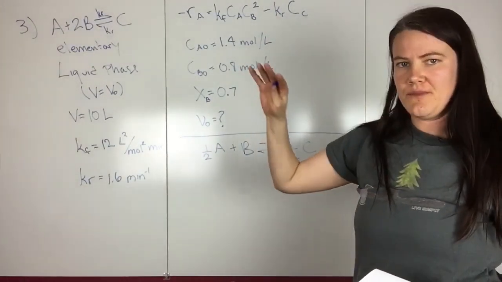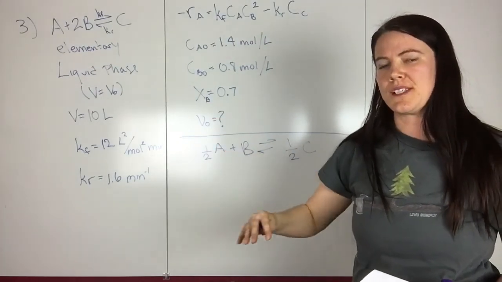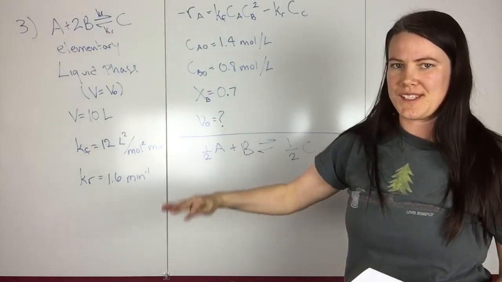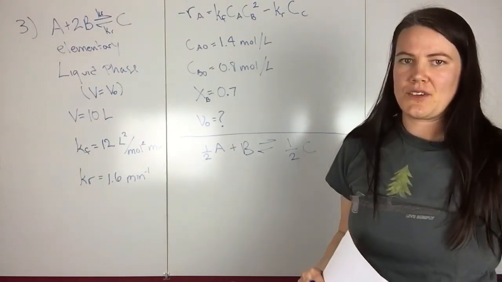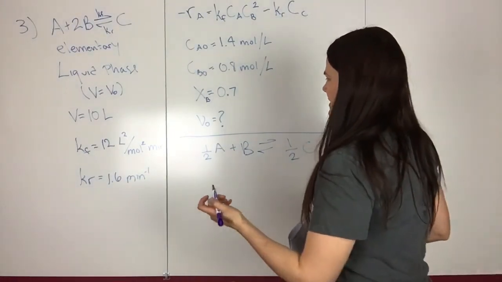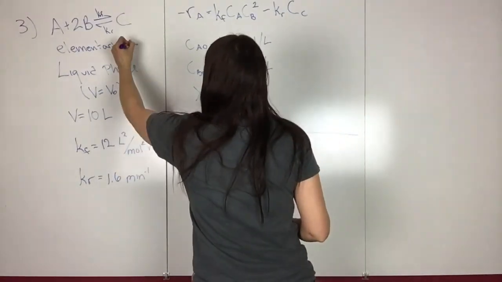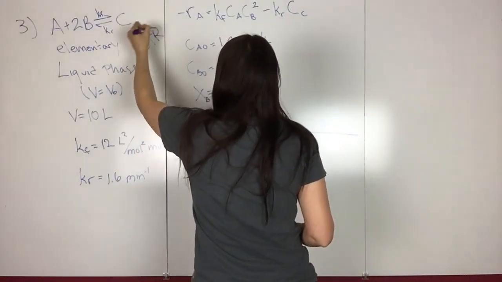If you go through these problems in ordered steps, it makes it a lot easier. So the first thing I always do is write down the design equation, and I didn't write this down before, but we have a CSTR.